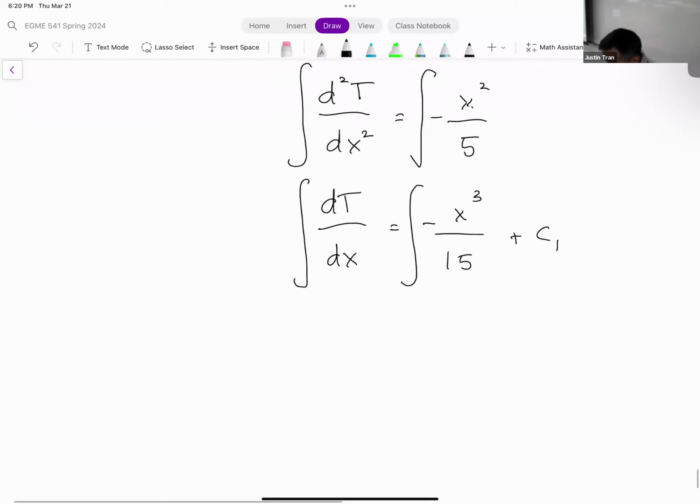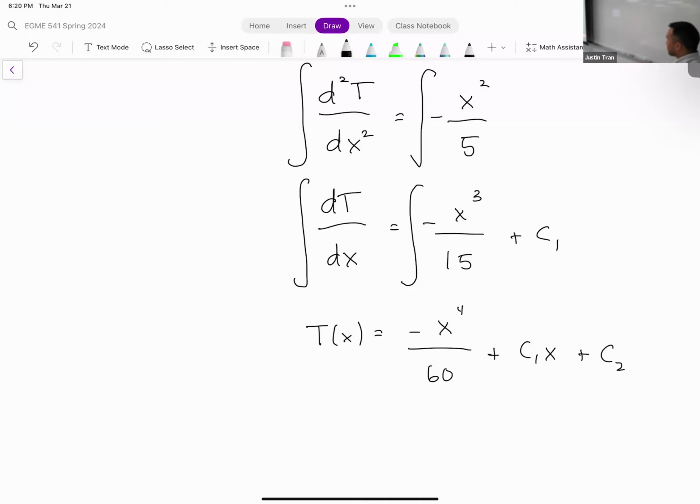So we integrate it one more time, we get T of x is equal to minus x to the 4th over 60 plus C1x plus C2. All right, so that right there is our general solution.